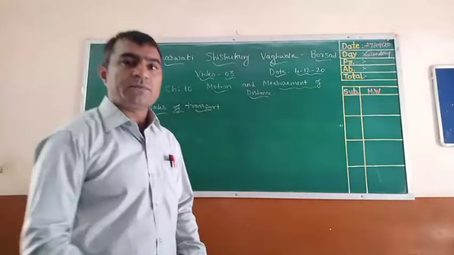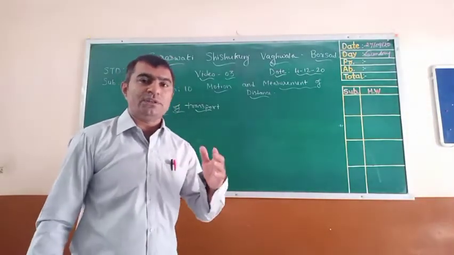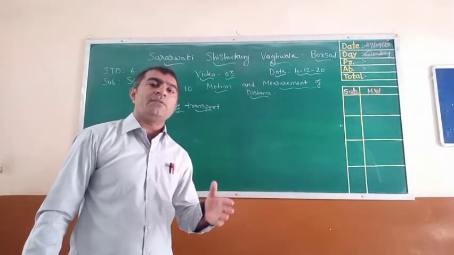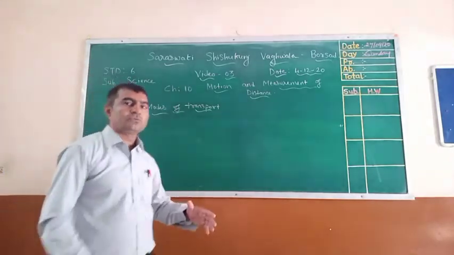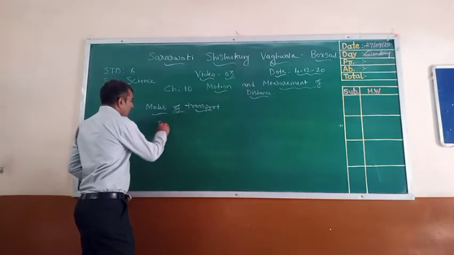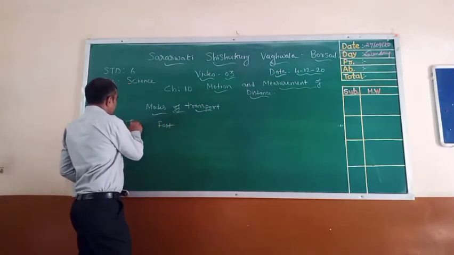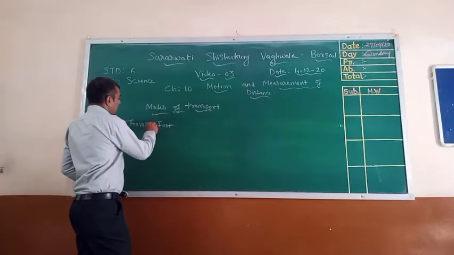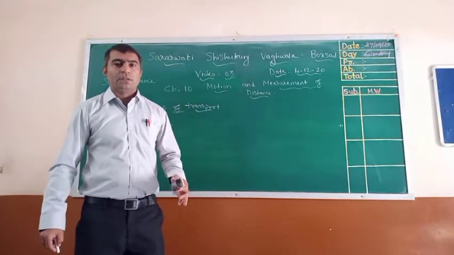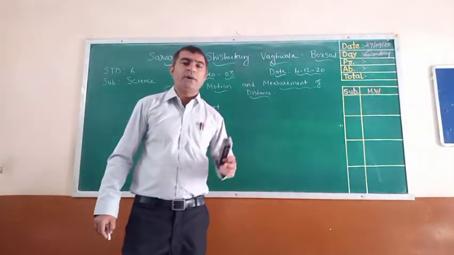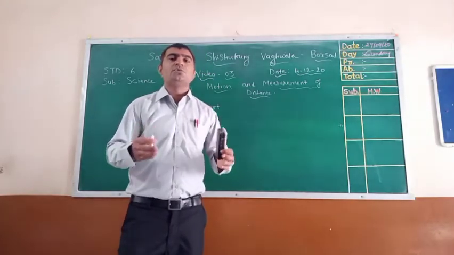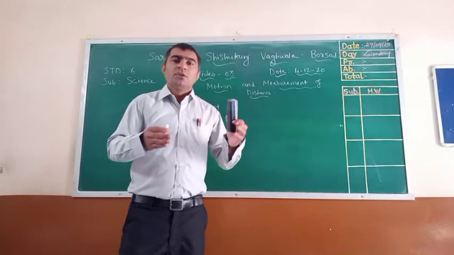We have seen some modes of transport, but in the olden days, how did people used to travel from one place to another? Most people traveled by foot. They moved from one place to another by walking, and they carried goods on their back, or they used animals to carry goods.